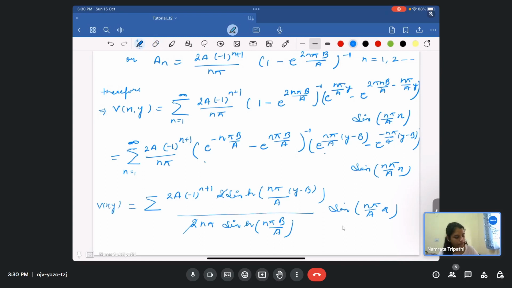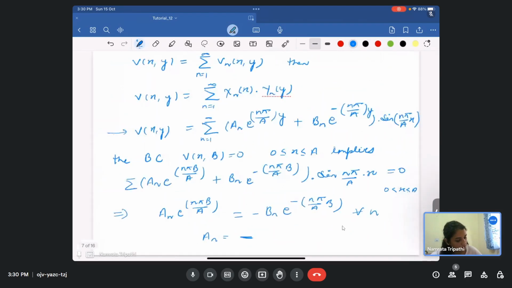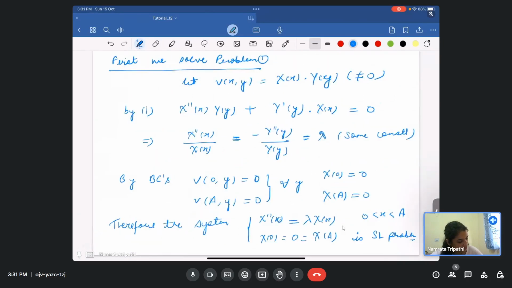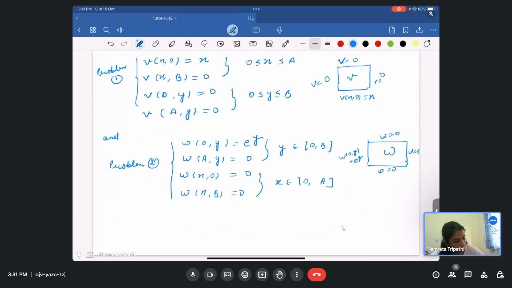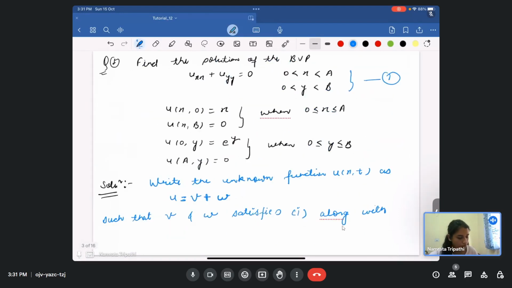Okay. Is there any doubt? So this is the solution for problem 1, which we are here constructing, two problems 1 and 2, for solving this problem u.